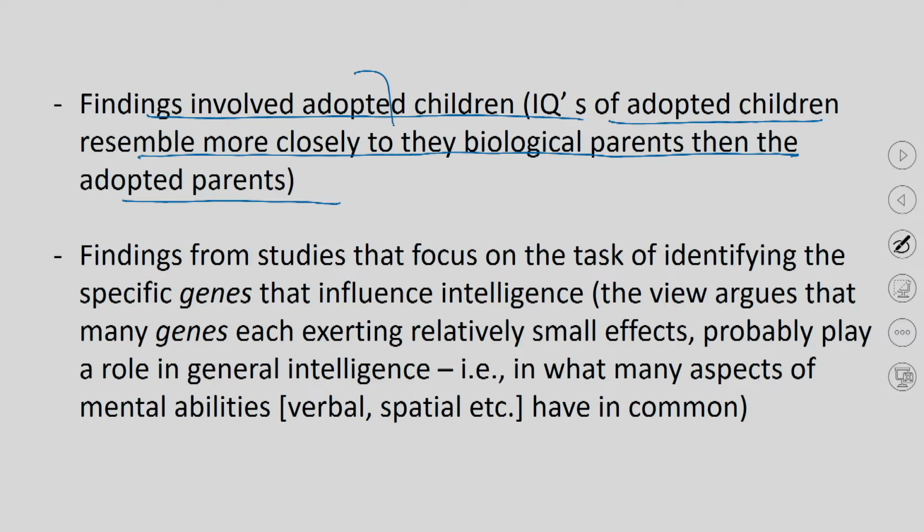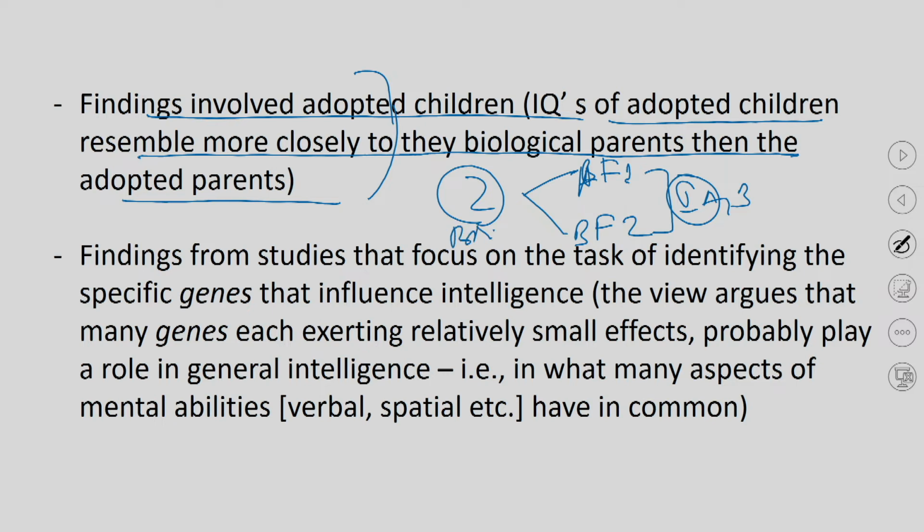If two children are adopted by different families, family 1 adopts the first child and family 2 adopts the second, the intelligence of children A and B will be more similar to their biological parents than to their adopted parents.